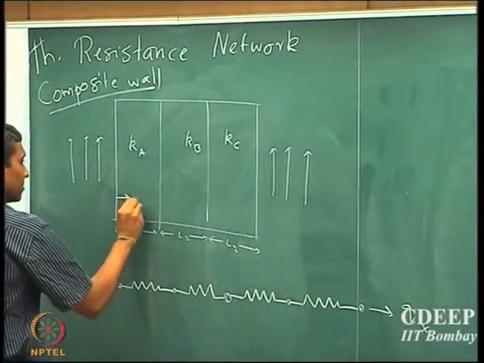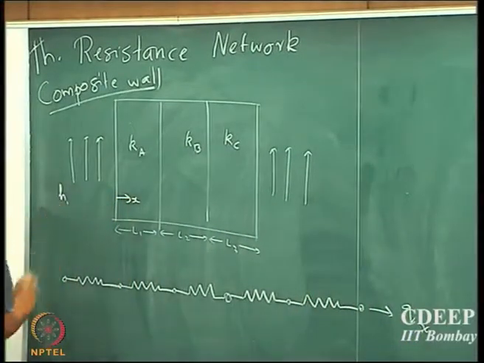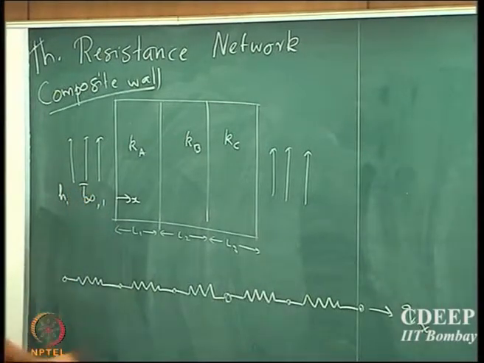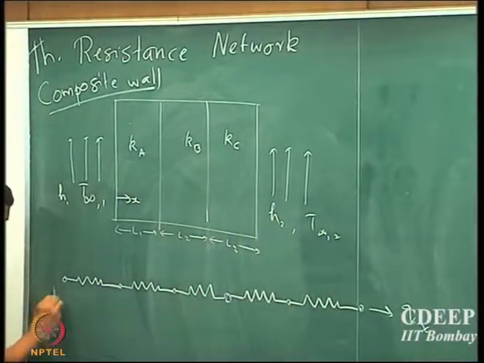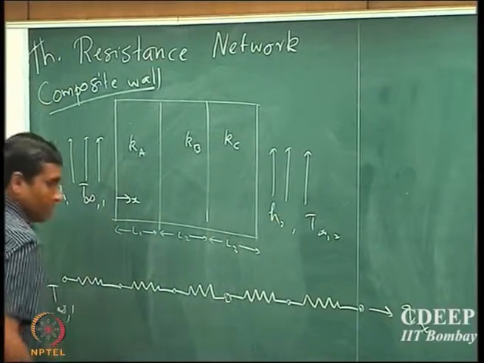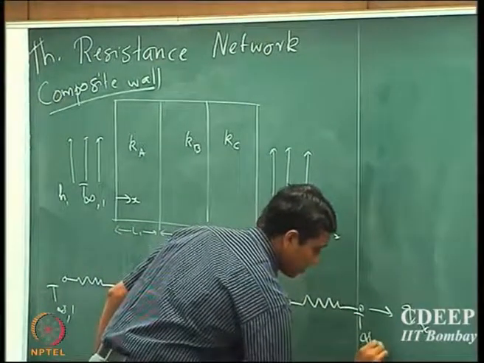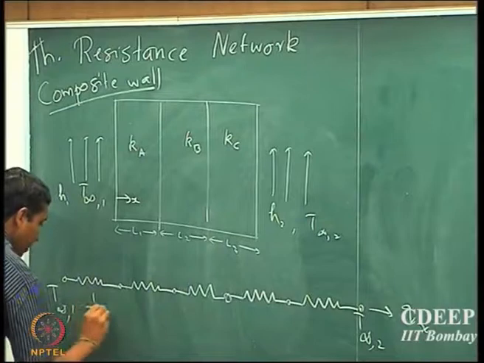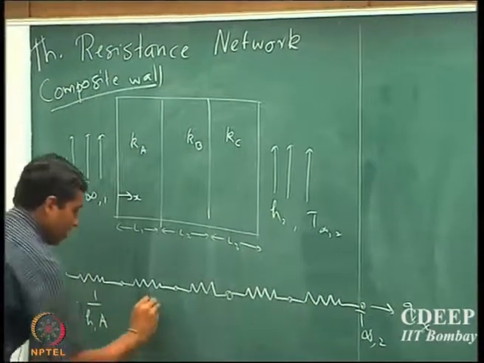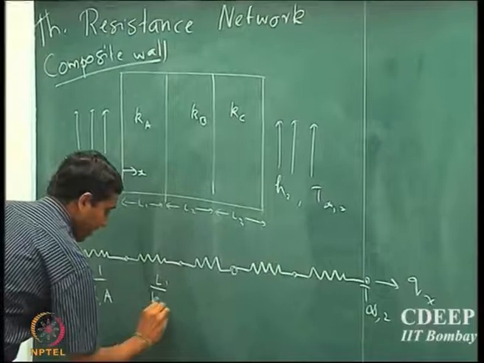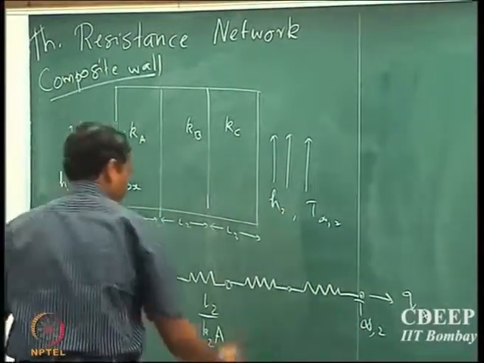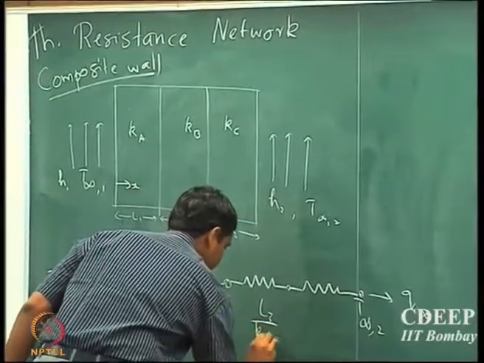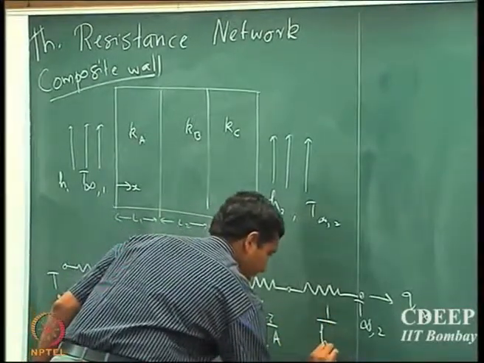That's x direction, and if the heat transport coefficient is H1 on this side and the temperature is T infinity 1 and this is H2 and T infinity 2. So we said that it's T infinity 1 and T infinity 2, and the resistances are 1 by H1A, L1 by K1A, L2 by K2A and L3 by K3A and 1 by H2A.